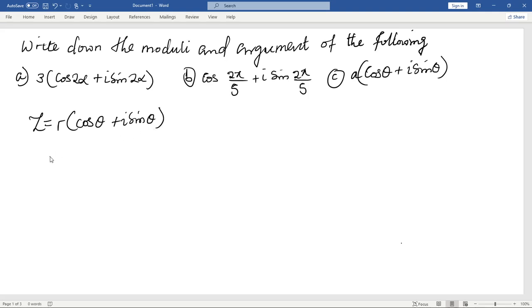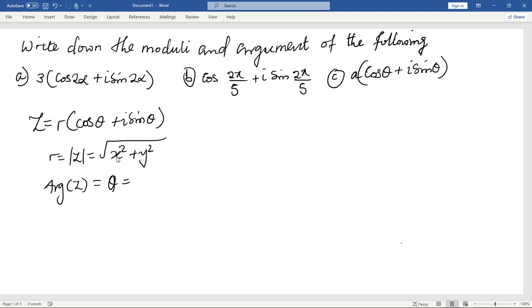Here r is called the modulus of z, which is simply given by the square root of x squared plus y squared. Then the argument of z is just the angle that you're given there, so in this case we have theta.